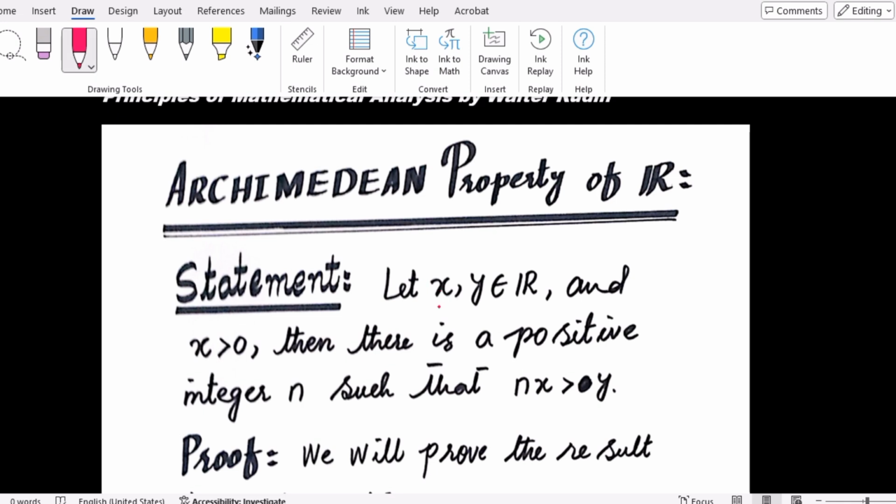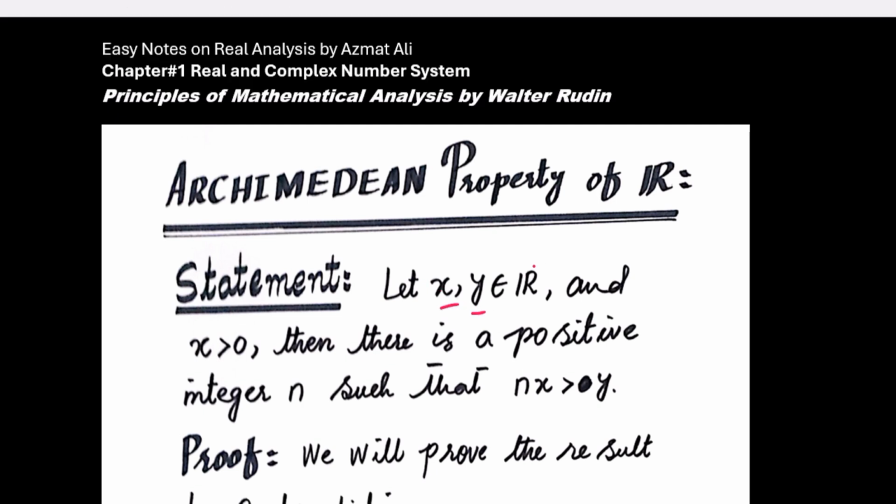Let x and y be two real numbers, where x is a positive real number. Then there is a positive integer n such that the product nx is bigger than y. To prove this property, we will use contradiction. I will assume that nx is not bigger than y. Then I will construct a set A that consists of numbers of the form nx.